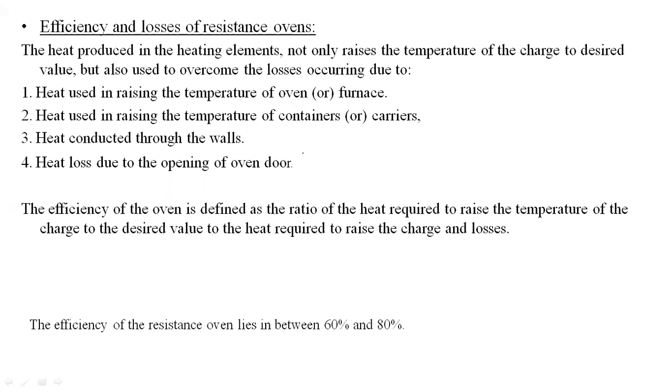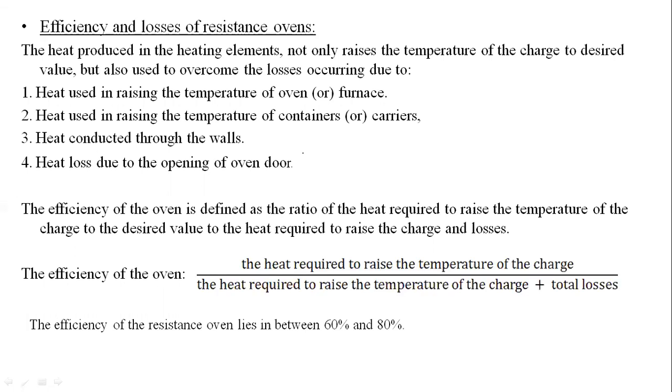The efficiency of this oven is defined as nothing but the heat required to raise the temperature of the charge divided by the heat required to raise the temperature of the charge plus total losses. See, by this you are going to get the efficiency. If you have the values of this, you can calculate the efficiency of your oven.